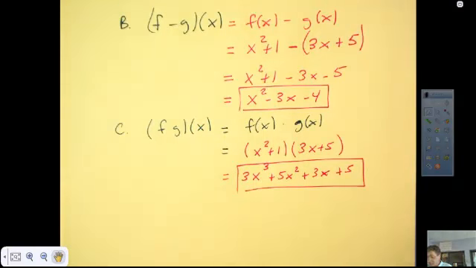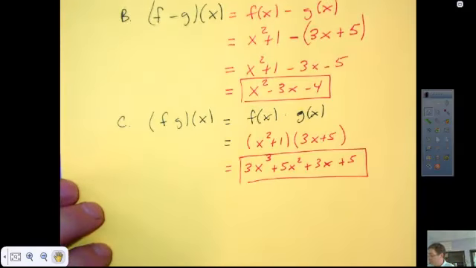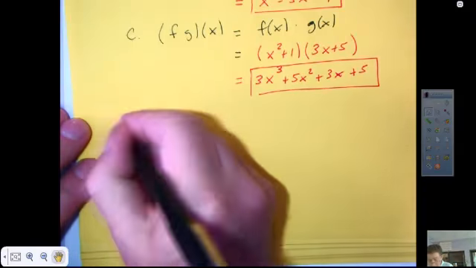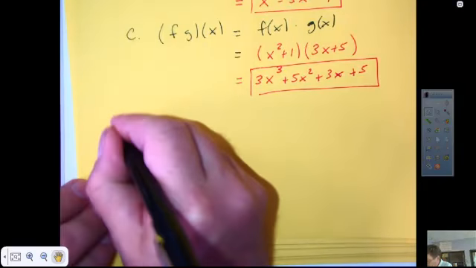Now, the other example I want to do is one that deals with domain. Generally speaking, of all these topics, domain is probably the more confusing. So this is problem 2. For problem 2, I'm going to redefine my functions.